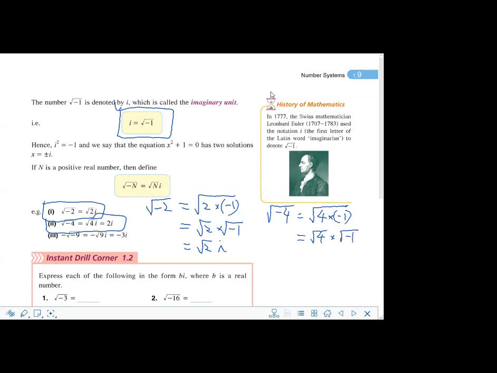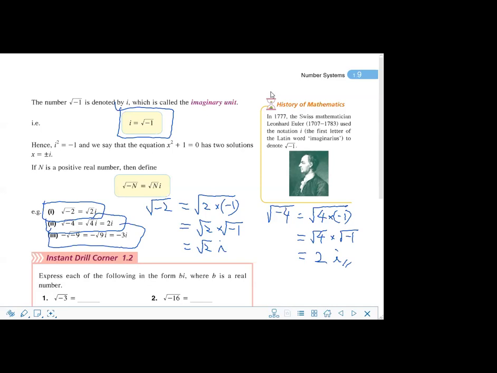The negative sign always goes to the -1. And then if square root 4 can be simplified, you need to simplify it to be 2. And then the square root of -1 should be changed to I. So it is 2I.